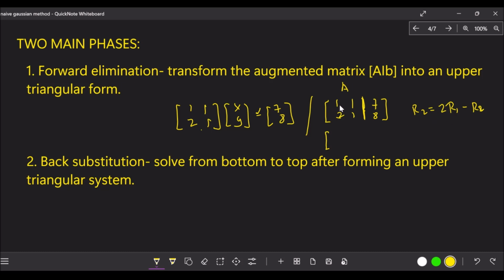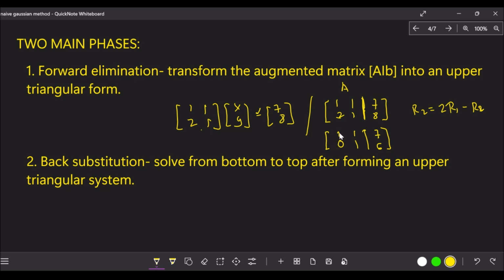Our row 1 is multiplied by 2, then deducted by row 2. So that is 2 minus 2, which is 0. Then the next one, 2 minus 1, because this becomes 2 when multiplied by 2, is equal to 1. Then we have 2 times 7, which is 14, then 14 minus 8, which is 6. So we have 1, 6.